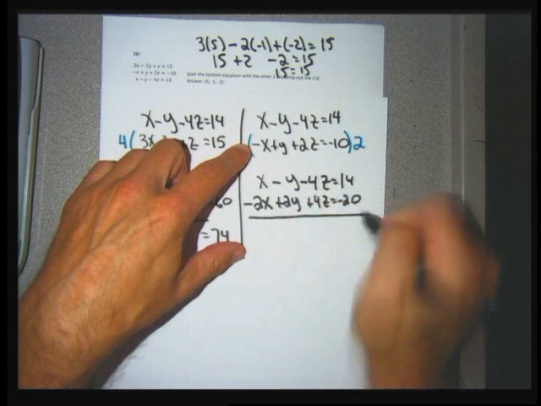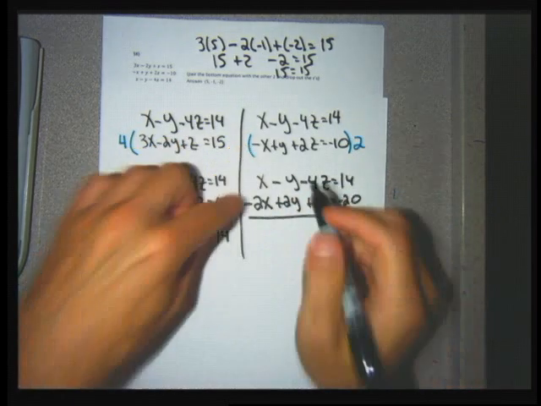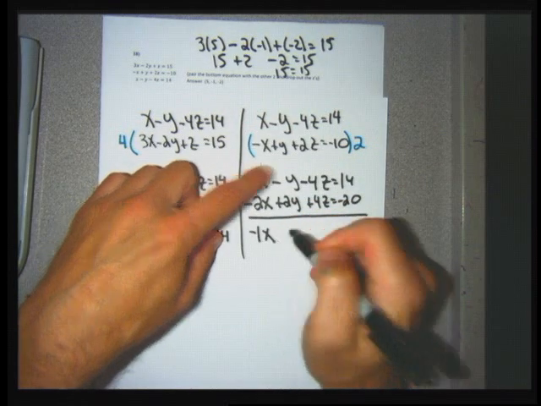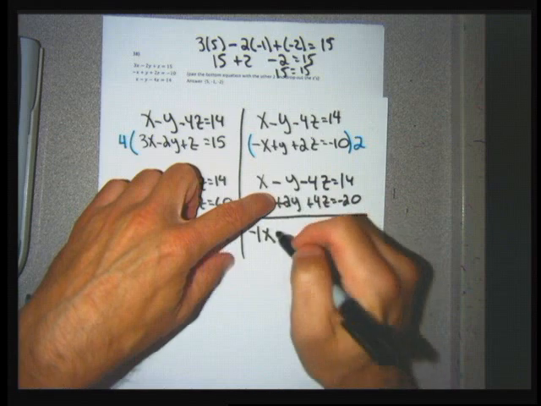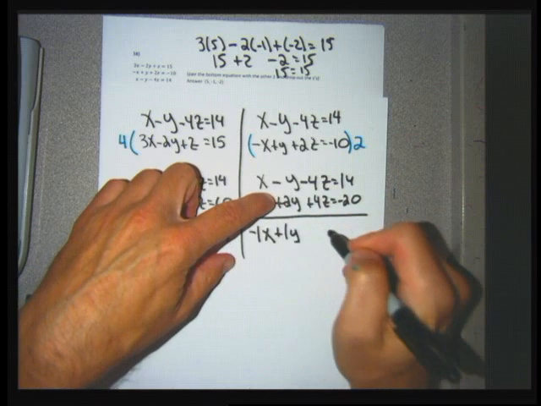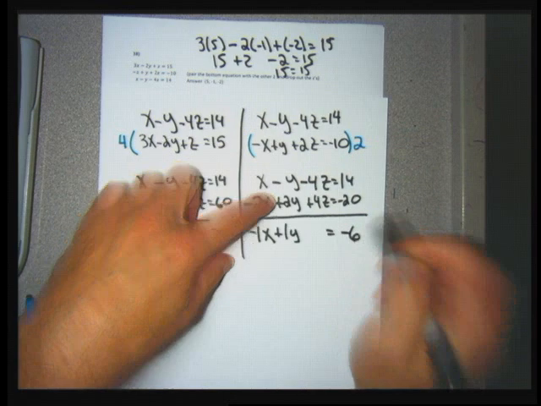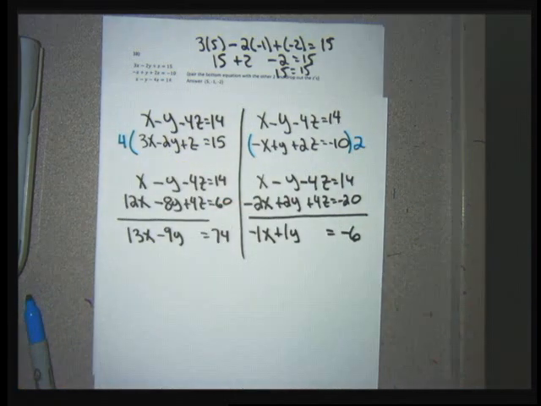And I'm going to add these together. Negative 2x plus positive 1x is negative 1x. Negative 1y plus positive 2y is positive 1y. My z's cancel, and 14 and minus 20 is negative 6. Now, that's the end of step 1. So step 1 was to pair the bottom equation with the other 2 and drop out the z's.